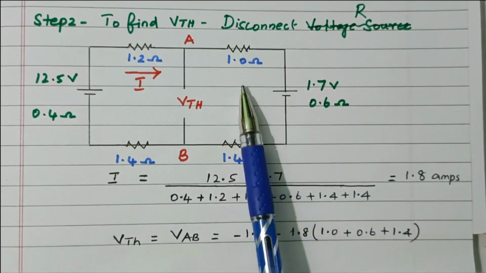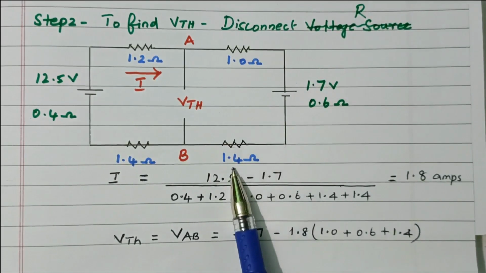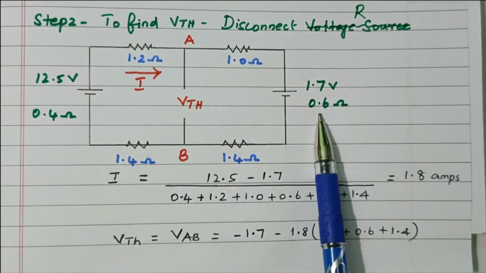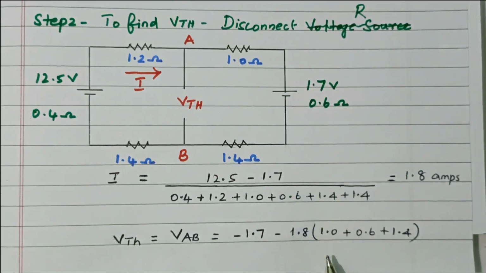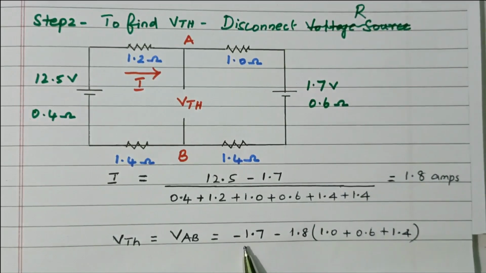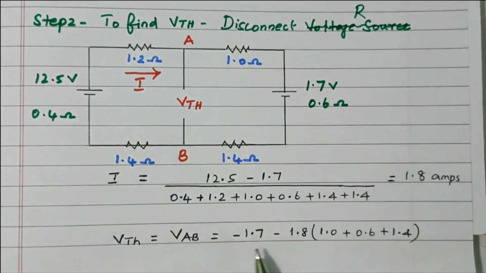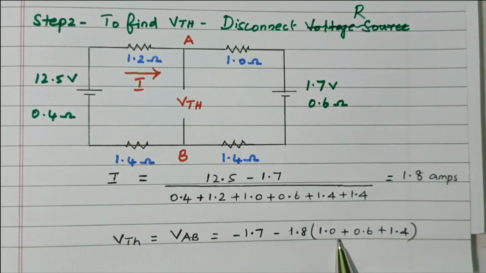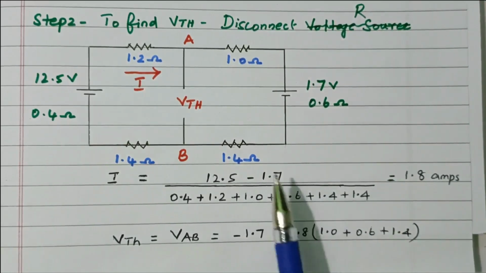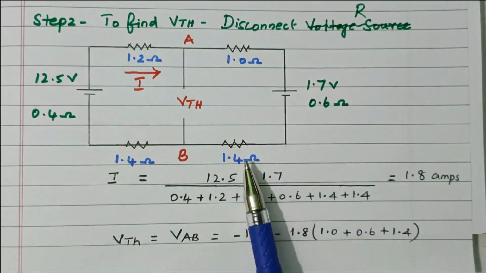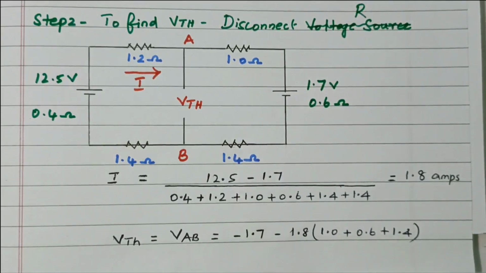The R value is the 1 ohm and 1.4 ohm resistors as well as the 0.6 ohm internal resistance of the voltage source, so 1 plus 0.6 plus 1.4. Now we'll find the value.